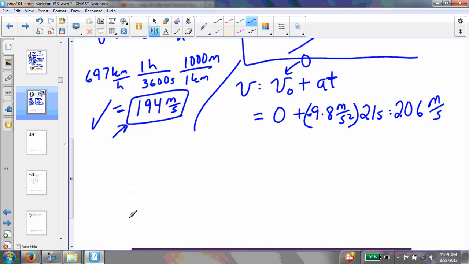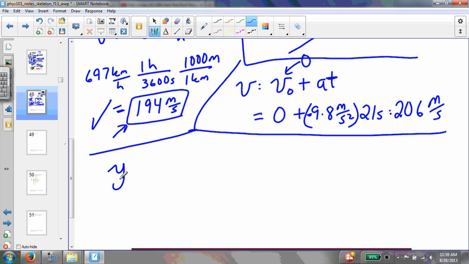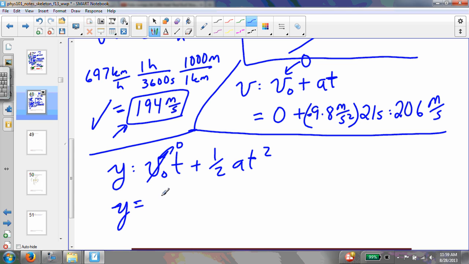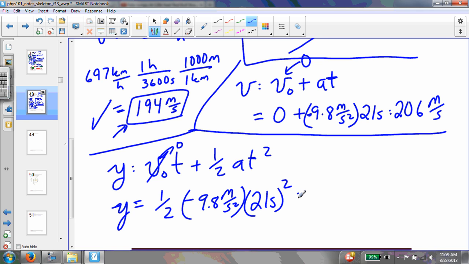We also want to know what distance he falls in that time. So we can use our other kinematics equation: y is equal to v naught t plus 1/2 a t squared. So v naught again is 0. If I want to know y, it's just equal to 1/2 times negative 9.8 meters per second squared times t, which was 21 seconds, squared.